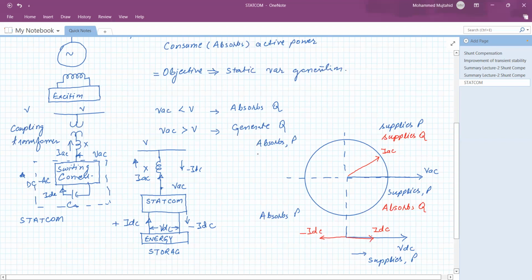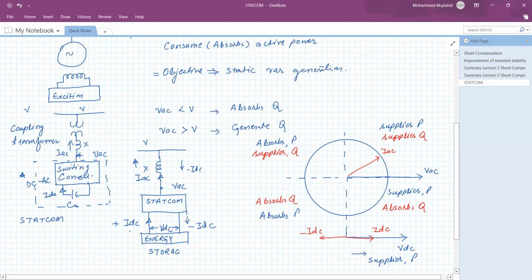So we can say that here it supplies reactive power, whereas here the voltage of the compensator or Statcom is smaller, so it absorbs reactive power, isn't it? So this is the four operation quadrants in this way.